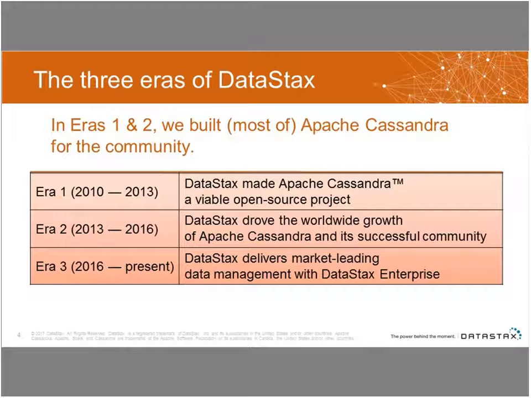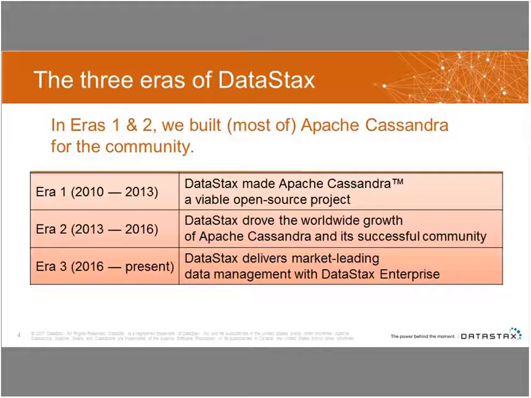Era 2, on the other hand, was after Apache Cassandra was established as a viable, successful project in era 1. Era 2 was all about enabling the community. And that meant people were still learning about NoSQL. They were still learning about Apache Cassandra. They were still learning about data modeling techniques for Apache Cassandra, for example. So DataStax set out to enable a massive community.